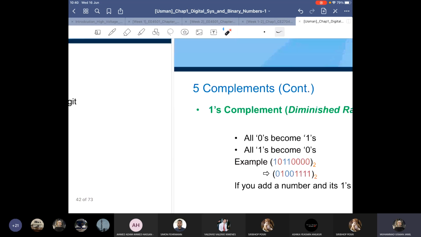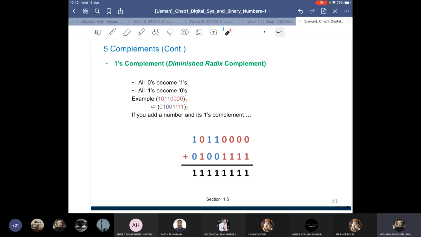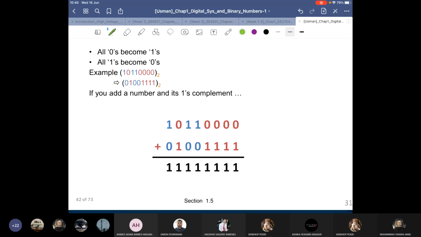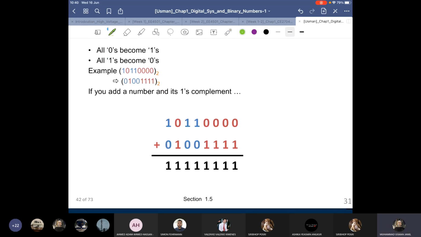Okay, so here is the way. Now let's take an example. This is our question: 1 0 1 1 0 0 0 0.